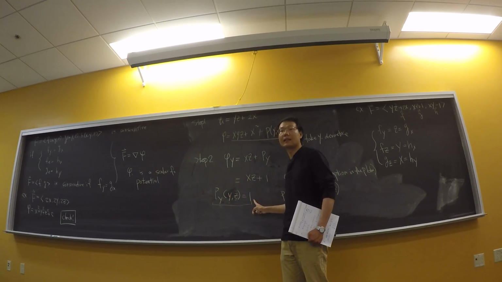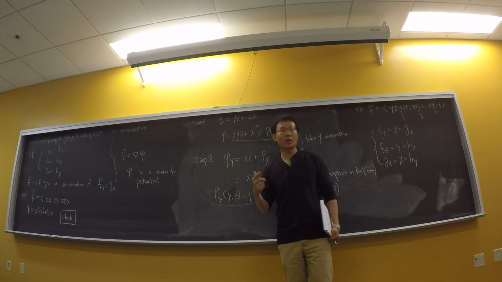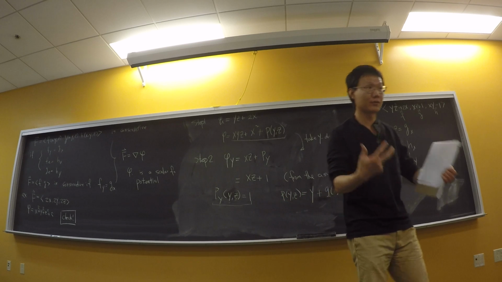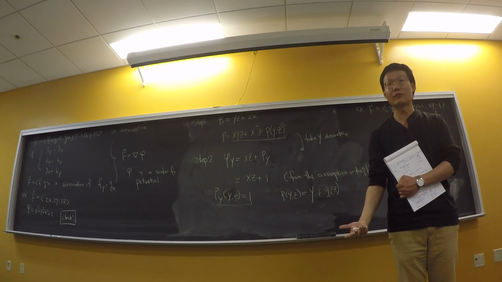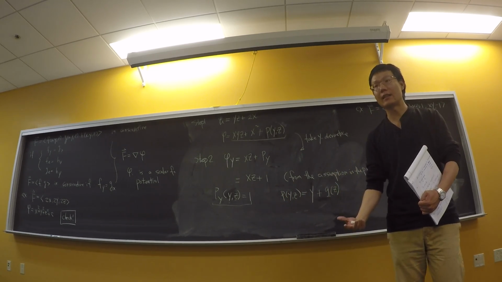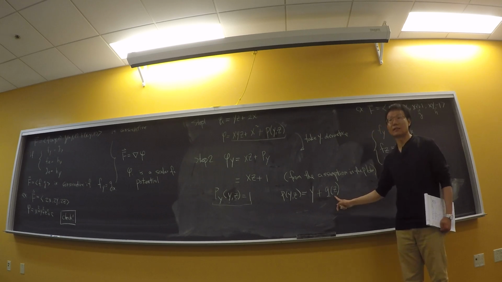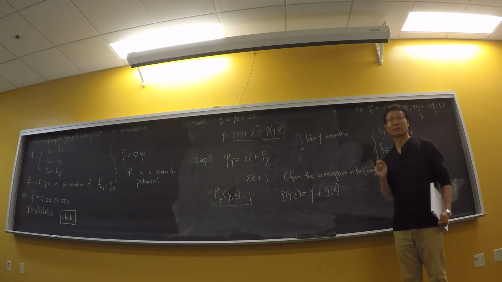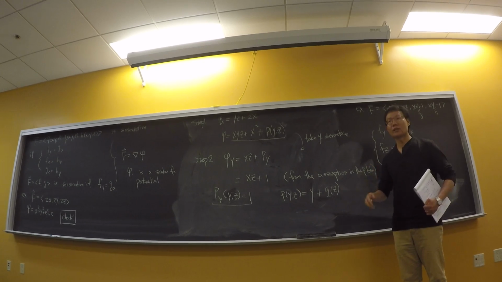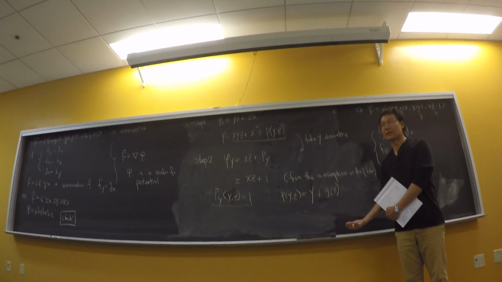I'm getting exactly 1 here. So you are trying to find the antiderivative exactly as you did in the single variable case, but the only difference here is that when you stick in this constant, this constant is not a real constant. This constant includes the variables you regard as constant.